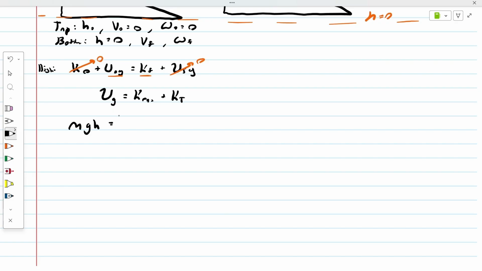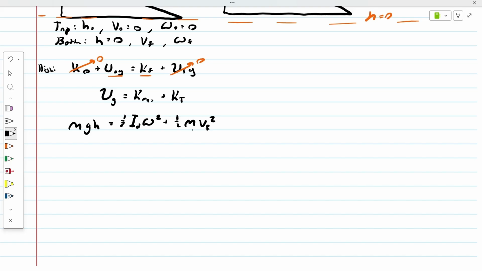And the rotation is going to be 1/2, and this I is going to be of the disk, so we'll say I of d, and then we have the angular velocity squared, plus 1/2 the mass times velocity squared. Okay, and so we're supposed to just relate this final velocity in terms of just the height of the ramp and any constants.